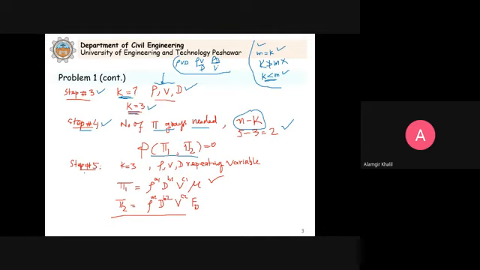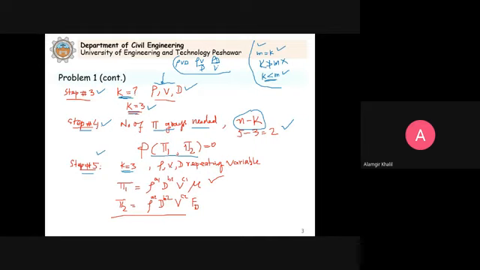So we go to step number 5. Because we have k is equal to 3, so you select 3 parameters as repeating variables. These 3 variables that we select, I already explained in the previous lecture in detail how you select them.